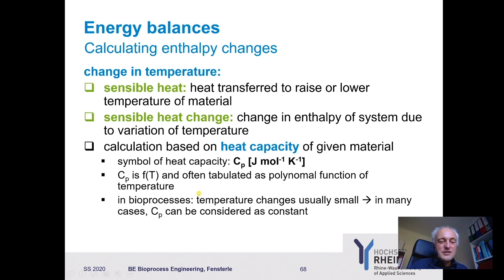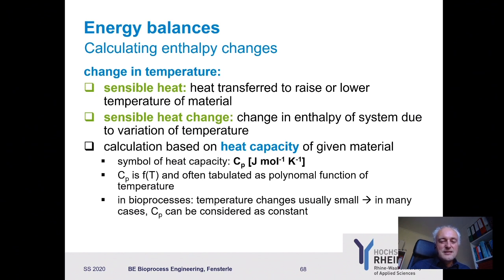Cp is a function of temperature, and often you have a polynomial function in your tables as a function of temperature in order to be able to calculate it. However, in bioprocesses, again, we're not at 2000 degrees and 20,000 bars. We are at around 37 degrees, plus minus a couple of degrees.